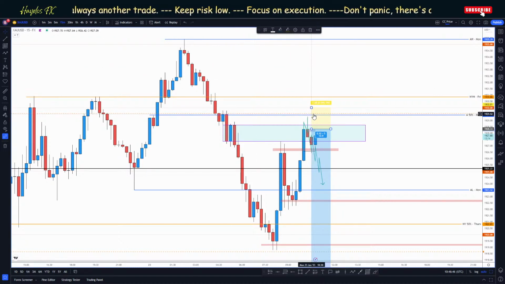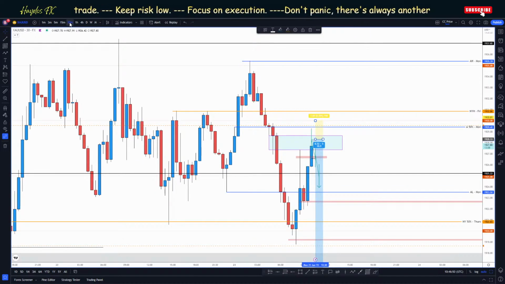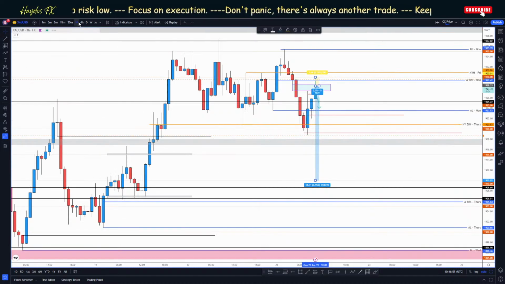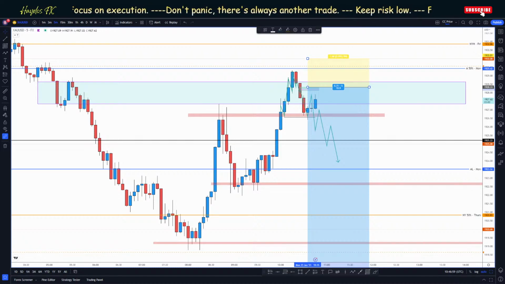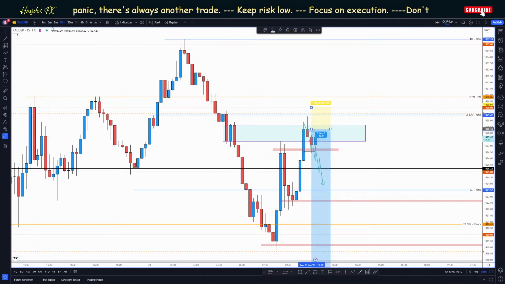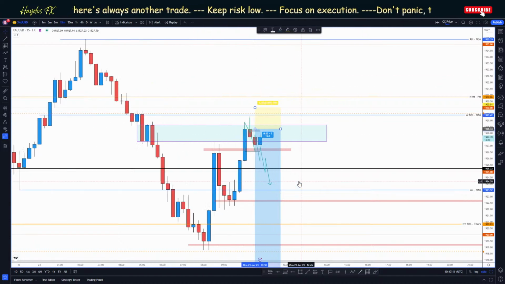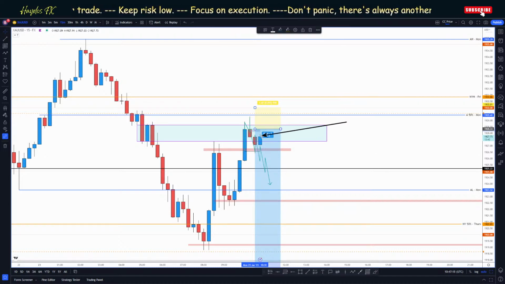Maybe I should wait for the 50%. It's a risky one, but I'm willing to give it a go. 15 minutes of close resistance, confirmation of resistance.